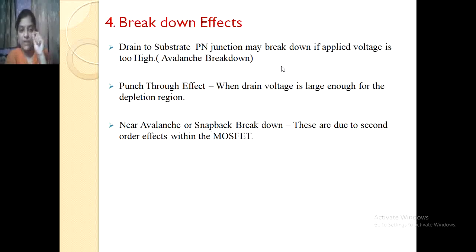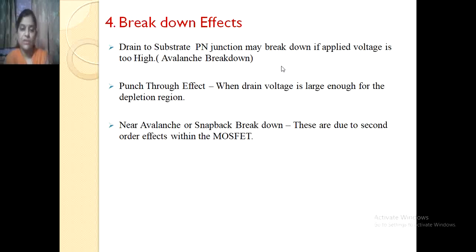Between the drain and the substrate, the PN junction may break down if the applied voltage is too high, because of the avalanche effect, that is the multiplication of electrons. They bombard other electrons, the chain of electrons increases, and it boosts the current, and due to that damage will occur in the device. That is nothing but avalanche breakdown.